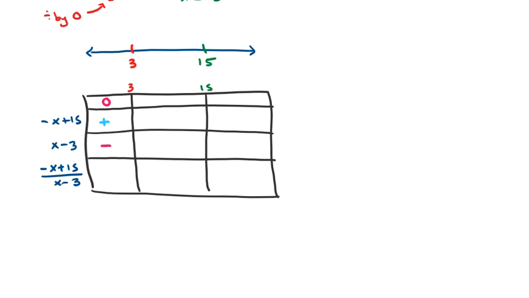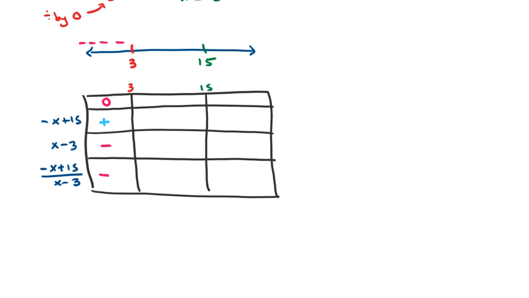So in terms of the entire fraction, which says, take negative x plus 15 and divide it by x minus 3, we would essentially be taking a positive number and dividing it by a negative number if 0 is plugged in for x. Therefore, the value of the entire fraction would be negative. So what that means for us is any value of x that's less than 3 is going to make the rational expression negative.